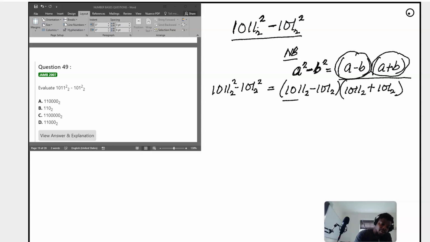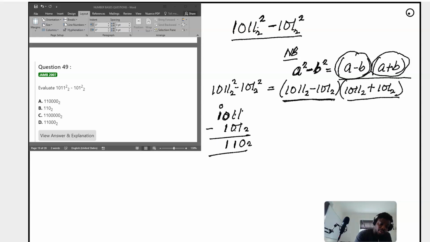So now we need to subtract this one. 1011 minus 101 in base 2. Let's subtract. 1 minus 1 is 0. 1 minus 0 is 1. 0 minus 1 not possible, so I take 1 here. This becomes 0. The 1 I take becomes 2. 2 minus 1 is 1. And this is 0 here. This is base 2. So I've done this one.